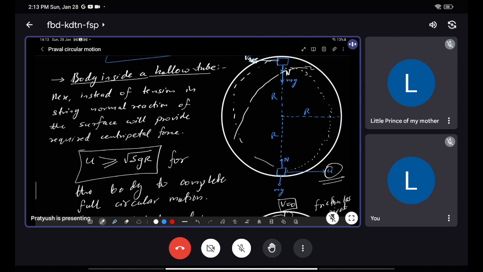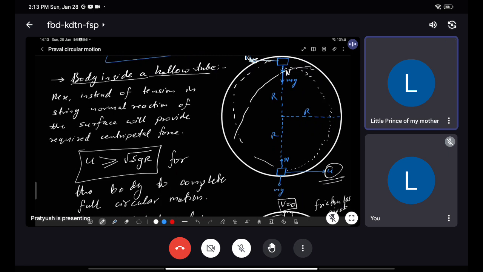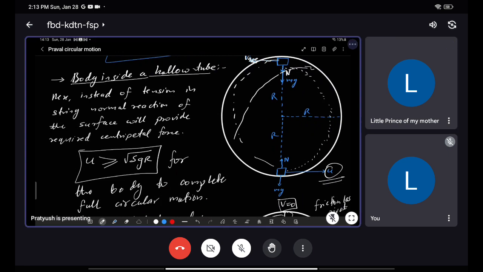Instead of tension, the normal reaction of the surface will provide the centripetal force. Getting it? So here also the same calculation will be there. Speed should be greater than or equal to under root of 5gr.